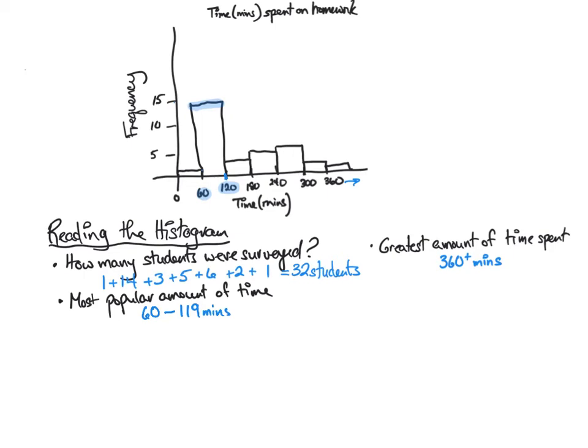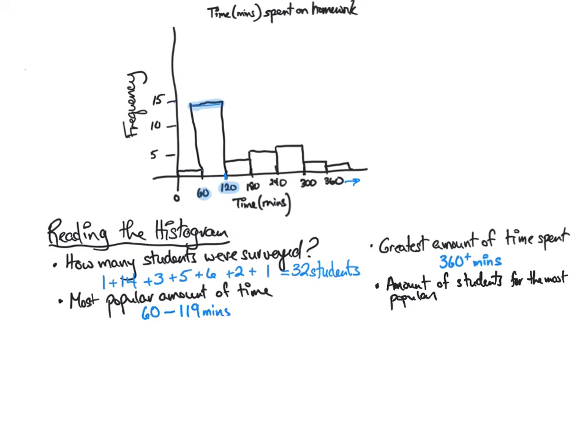How about the amount of students for the most popular? In this case, it's not asking me which column it's in, it's asking me how much this represents.